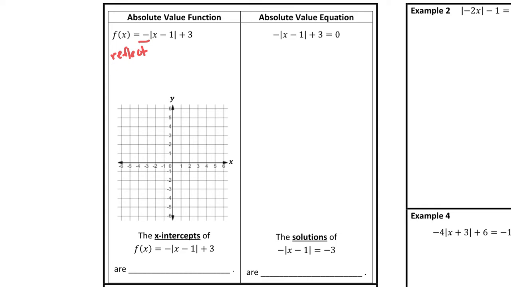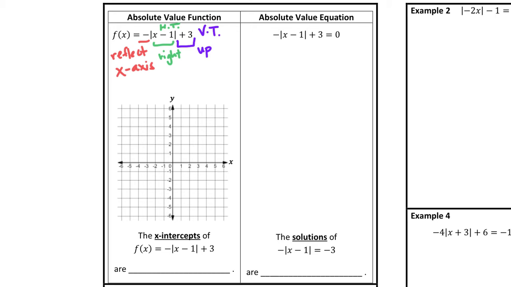Sorry, the x-axis. Then we also have this x minus 1, means that we have a horizontal translation to the right 1. And then we have this plus 3, which is a vertical translation up 3 units. So we're going to go to the right 1 and up 3. We're also going to reflect.